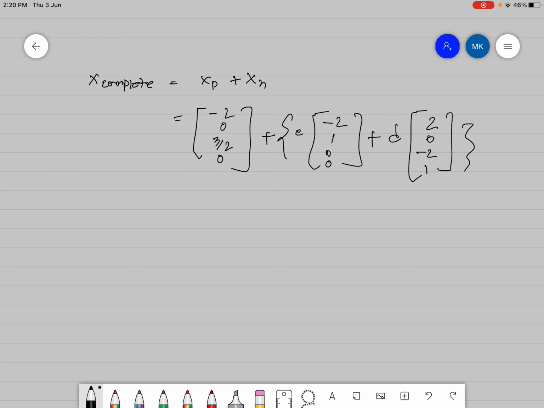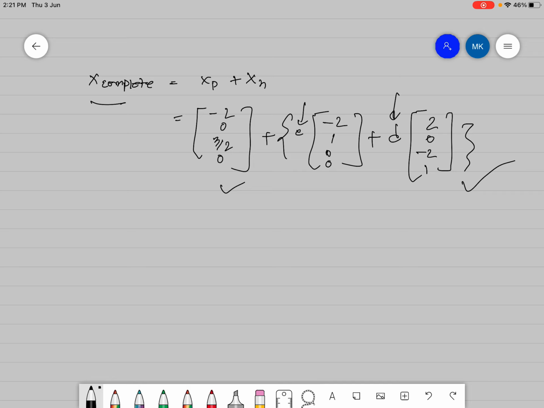So how many solutions are there for Ax equals b? The answer is an infinite number, right? So you can get infinite solutions from here, because you can set any values to c and d and for each you get one solution. So there are infinitely many solutions here.